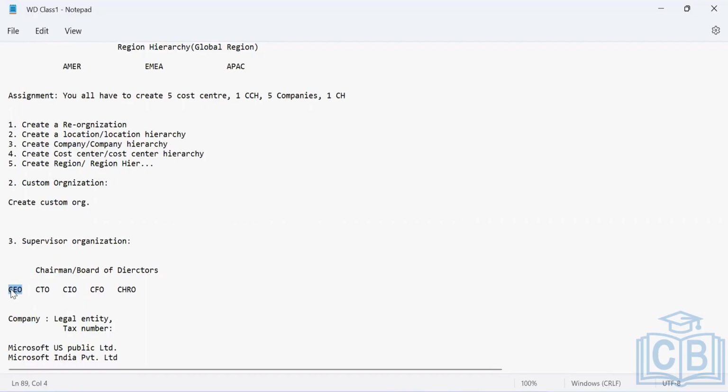But these days you would see there is another designation, the COO, Chief Operations Officer. That responsibility has also been removed from the CEO. But it all depends on how big your company is and how big your operations are. That is the reason the departments change. But these are the 4 main things which they have to look into in an organization.